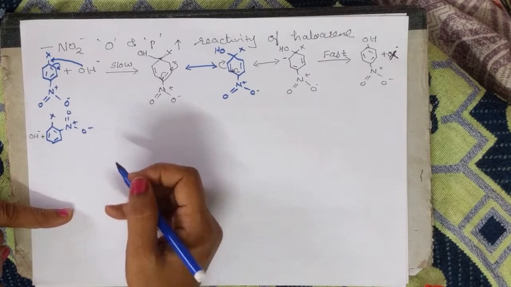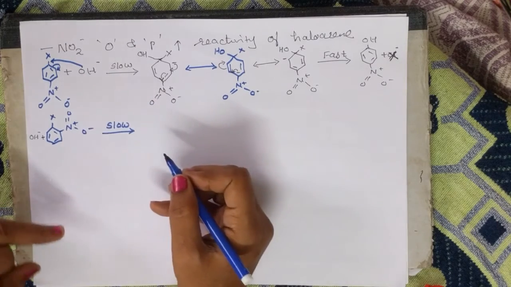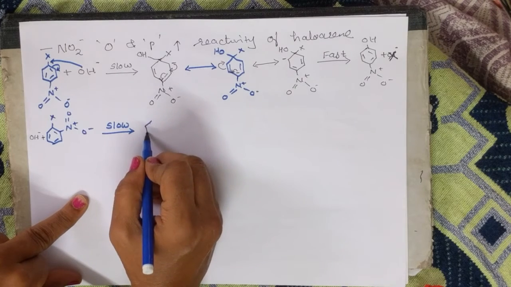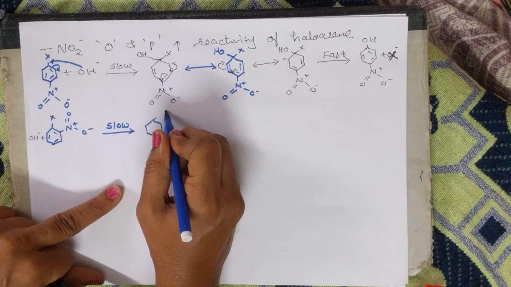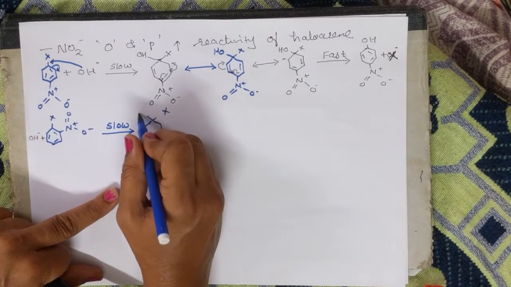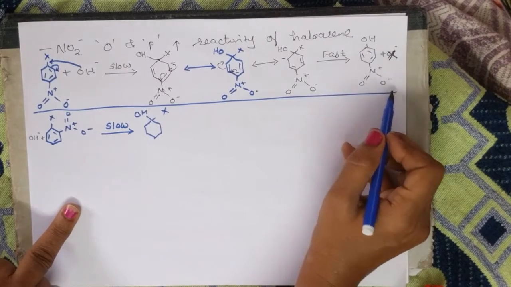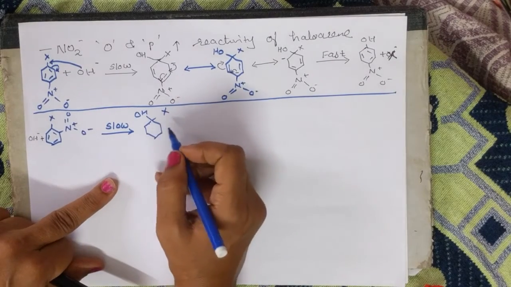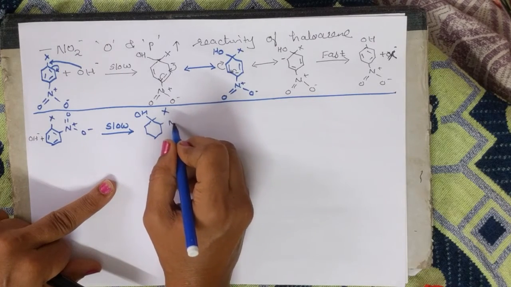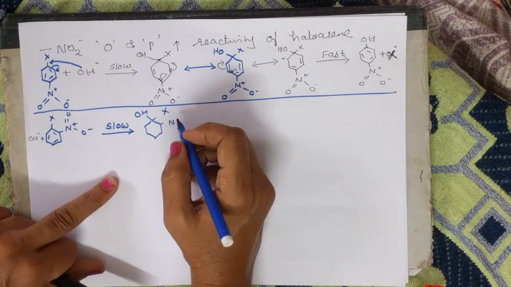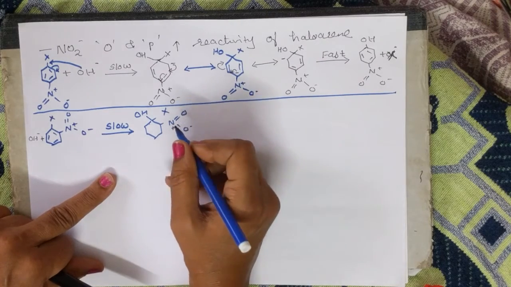Now how does this OH minus attack? In the first step, here you have X and this OH, and here you have the NO2 group, double bond O, O minus and N plus.